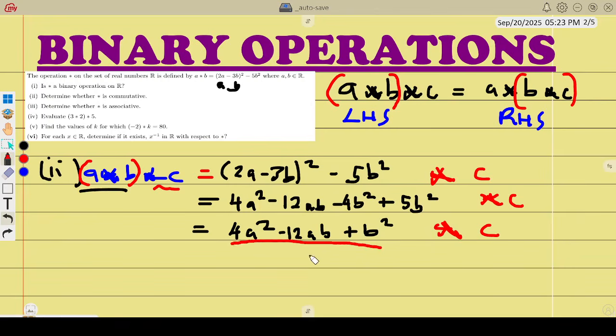Since we've simplified this part for A star B, we can now consider C. Always remember the first part, in this case it's A, and the second part is B. So in this operation, where there's A, we put the whole lot of this, and where there's B, we put C.